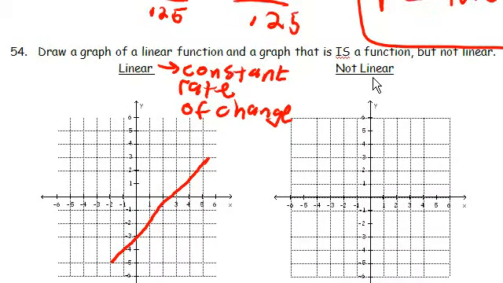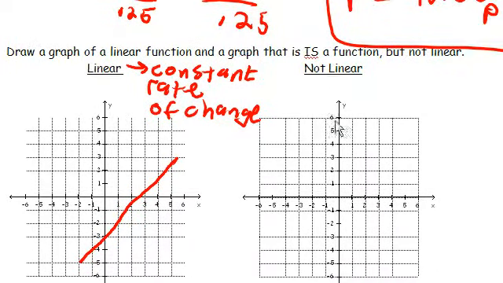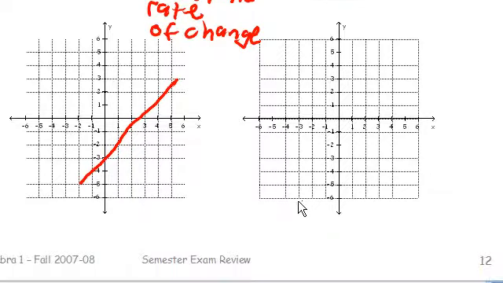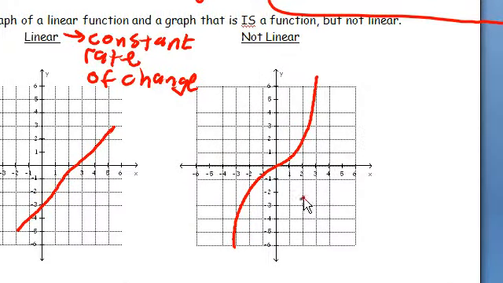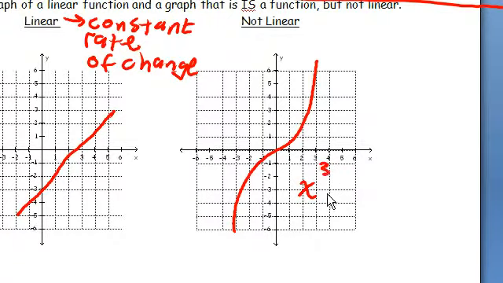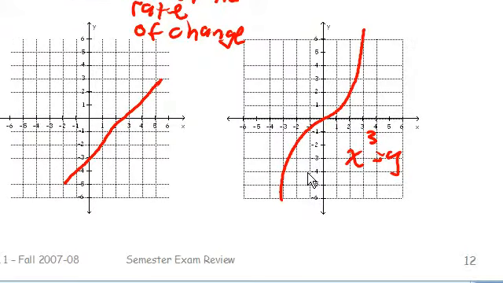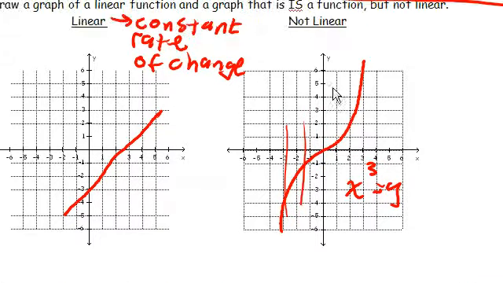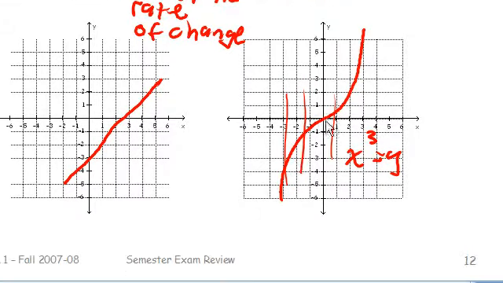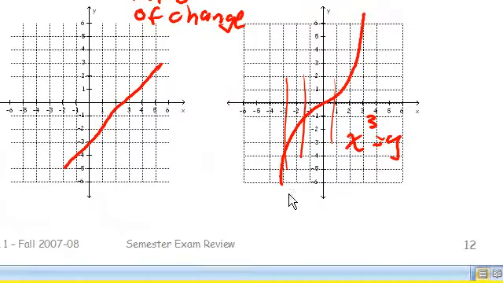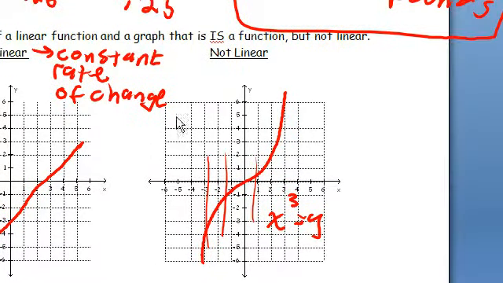And not linear means it's not a constant rate of change, so I'll draw that graph. And that graph is actually x cubed, if you're interested. And so this is a function, it passes the vertical line test, but it's not linear because it's not a straight line. It's not a constant rate of change.